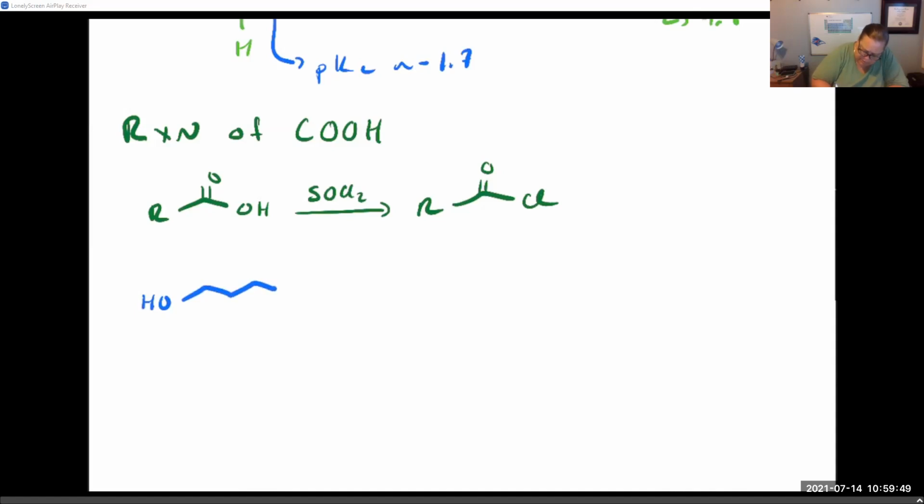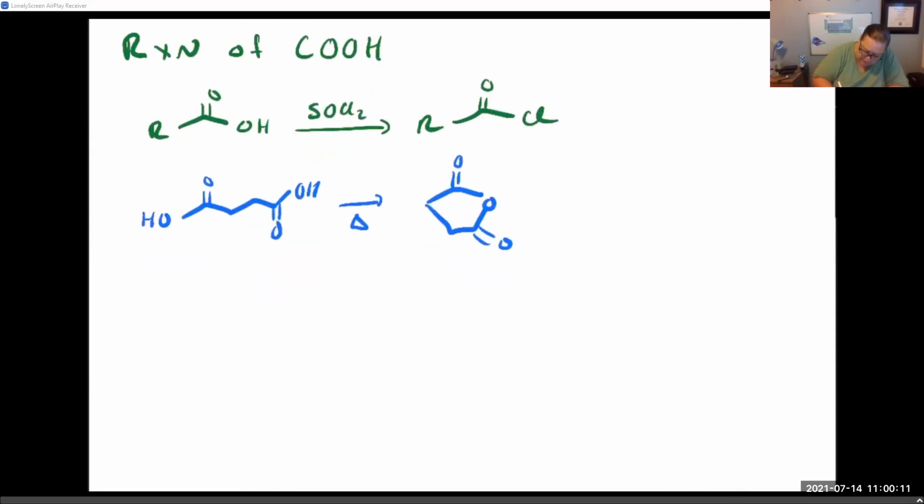Hold on. 1, 2, 3, 4, 5. Add a little heat and get a cyclic anhydride. We can take a carboxylic acid, react it with an alcohol, in the presence of an acid and get an ester.